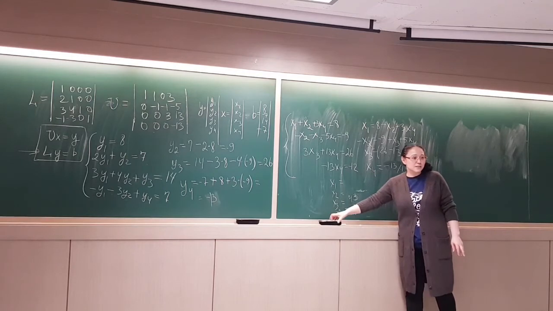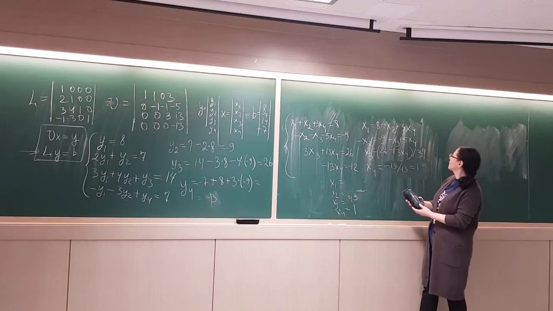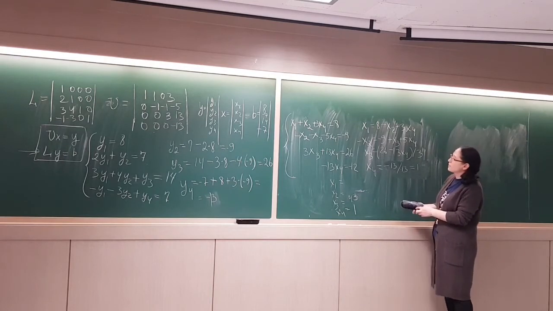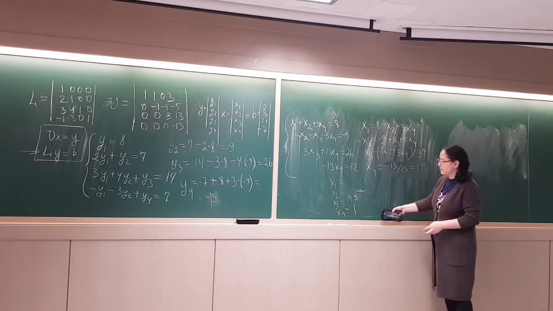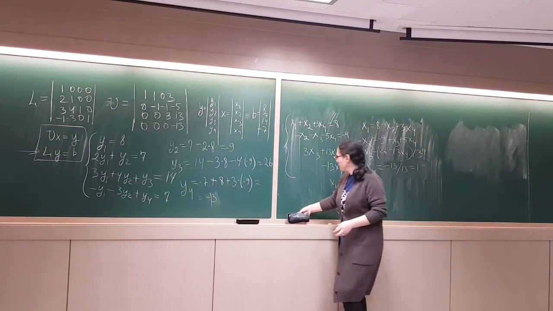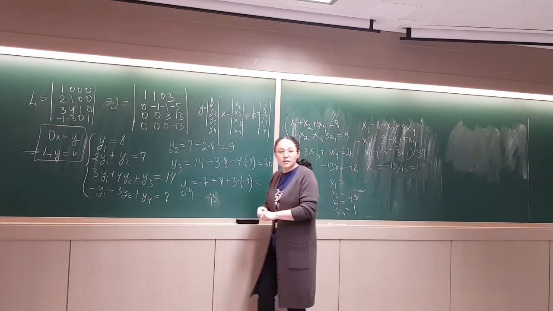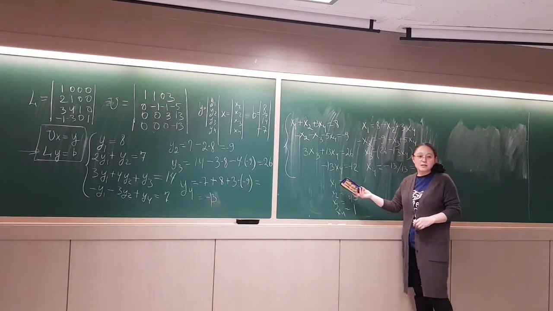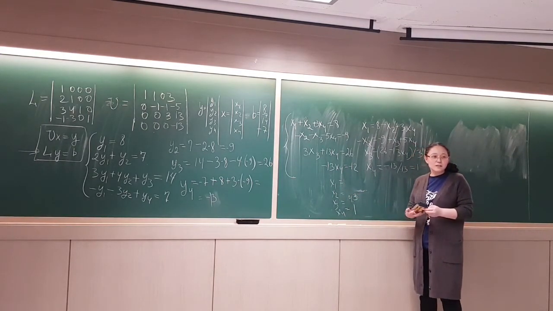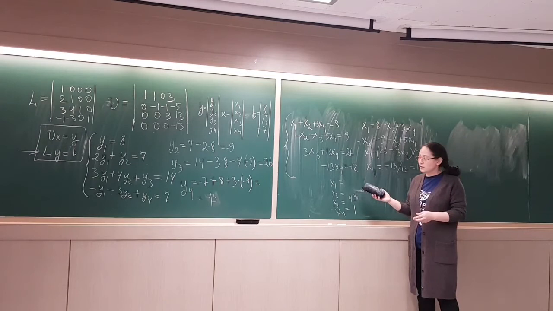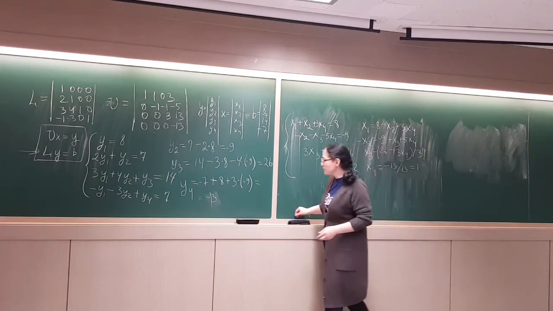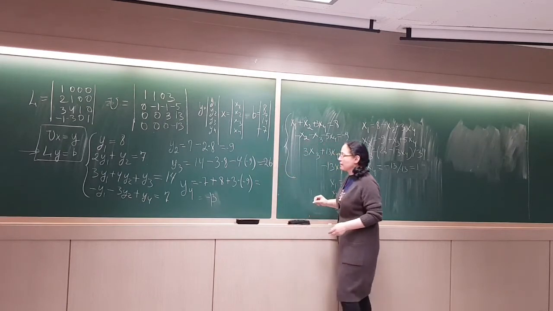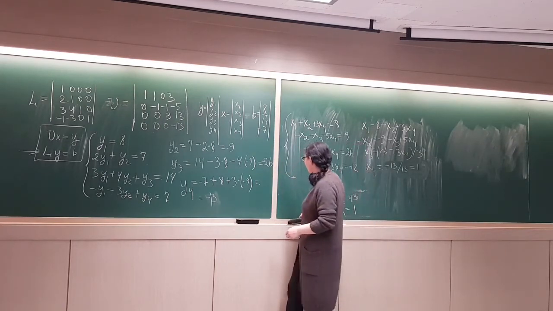You cannot see this correctly. Correct. X3. Okay, let me. What's x2? y4 is minus 26. Okay, minus 26. y4. Okay.